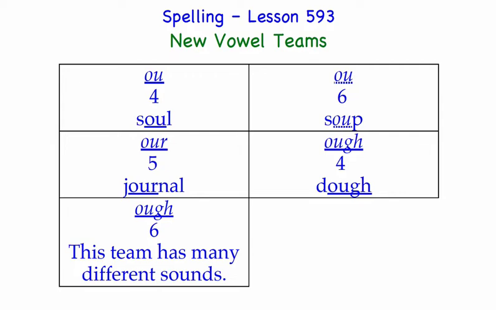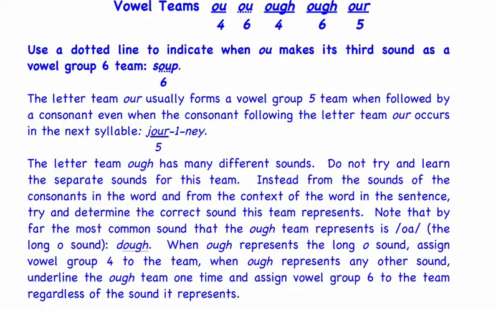If it is, put a 4 under it. But if it's representing any other sound, and it can represent a number of different sounds, then underline OUGH and put a 6 under it, regardless of what sound it represents if it is not the long O sound. OUGH as a vowel group 6 team has many different sounds.